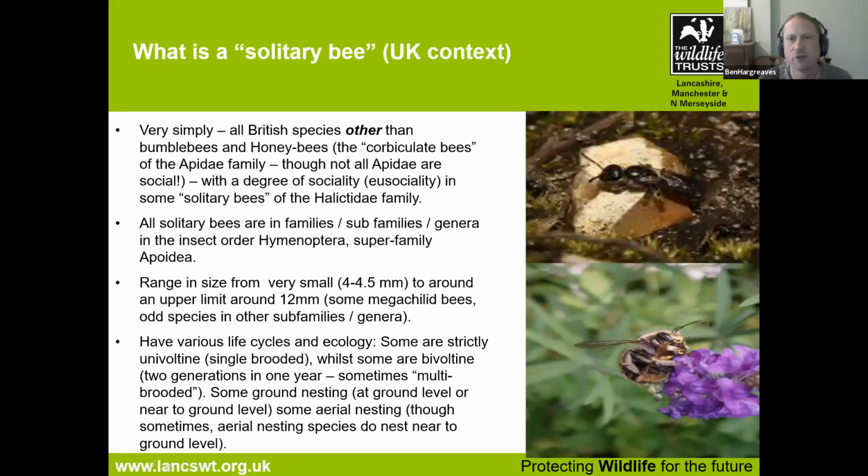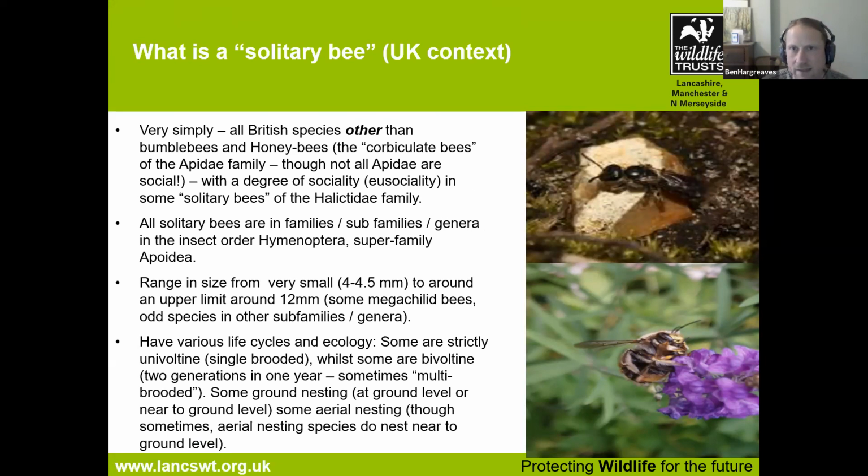So in a UK context, we're talking about any of the bees other than what are sometimes called the corbiculate bees, honeybee and the bumblebees, which have the modified hind leg that collects the pollen. There's a much greater range in size than with the other social bees.